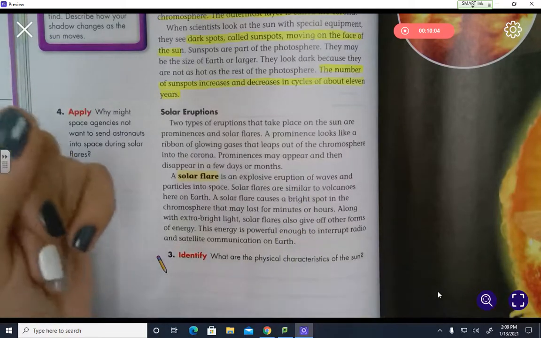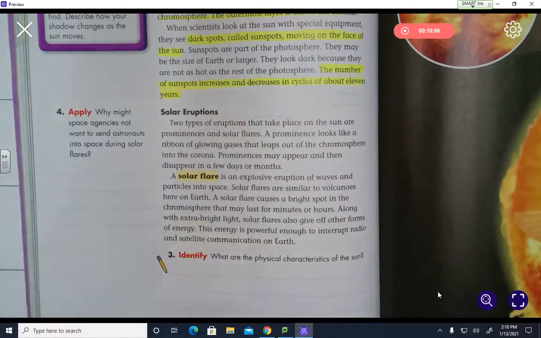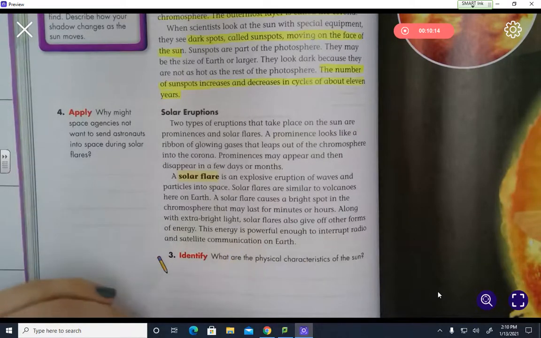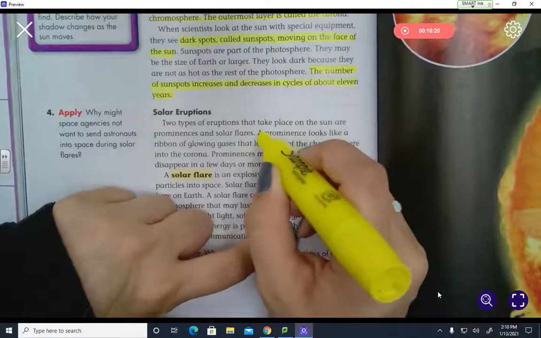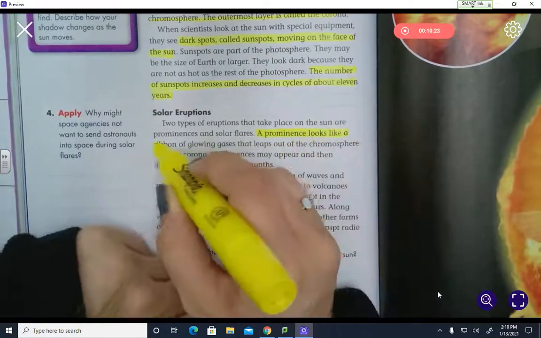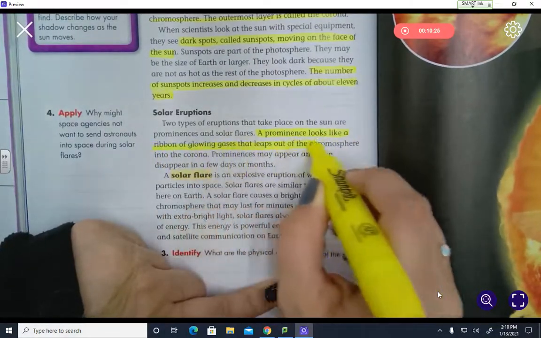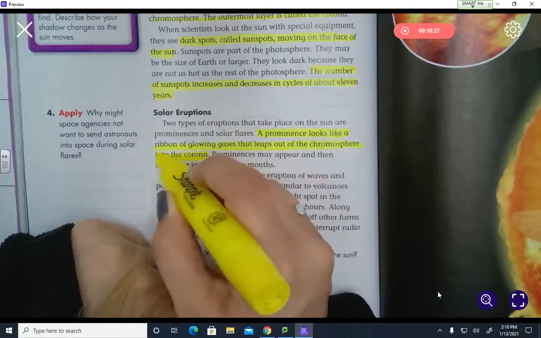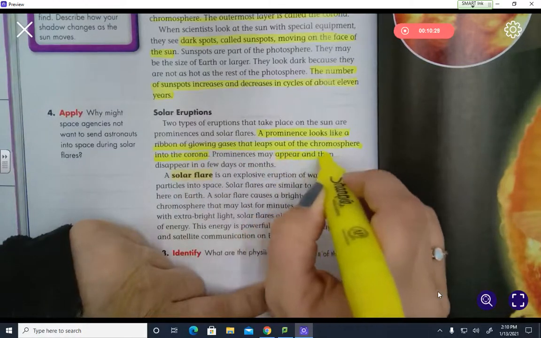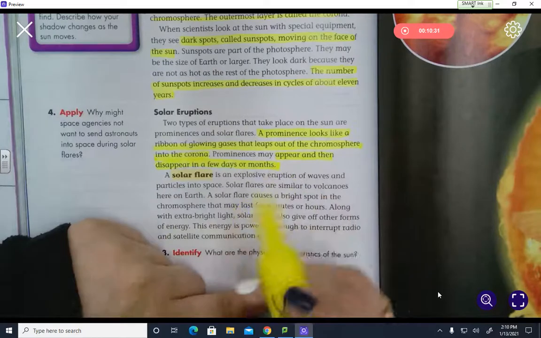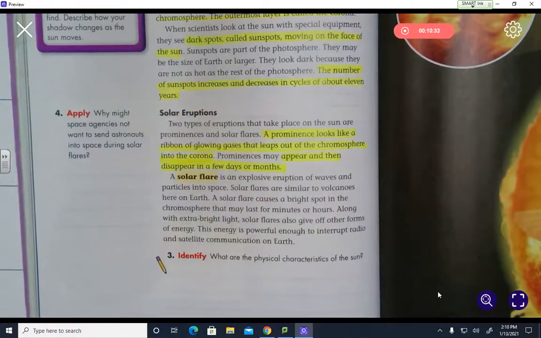A prominence looks like a ribbon of glowing gases that leap from the chromosphere into the corona. They may appear and disappear in a few days or months. So let's highlight that. It looks like a ribbon of glowing gas, and they appear and disappear in a few days and months.